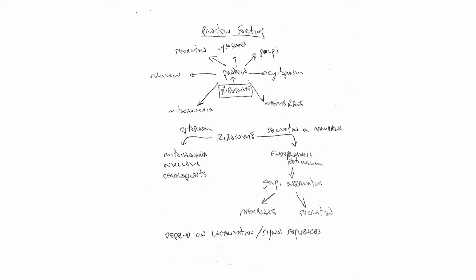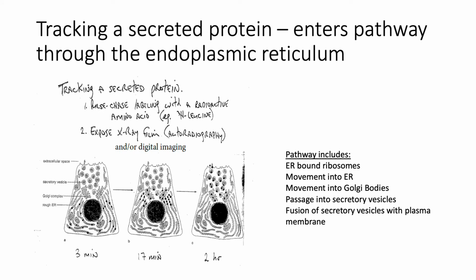But let's just look at a protein that's being secreted. Here we're going to be looking at the pathway that a secreted protein takes as it exits the cell. What it says here is that it enters the pathway through the endoplasmic reticulum, and this is an experiment that demonstrates that.